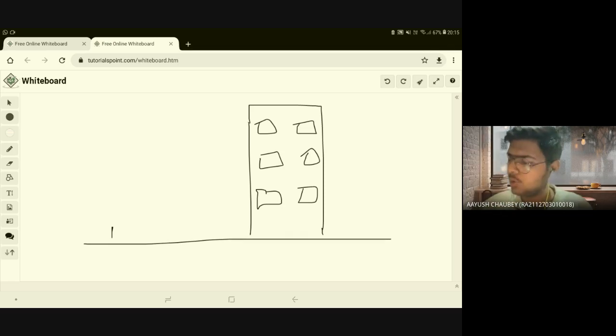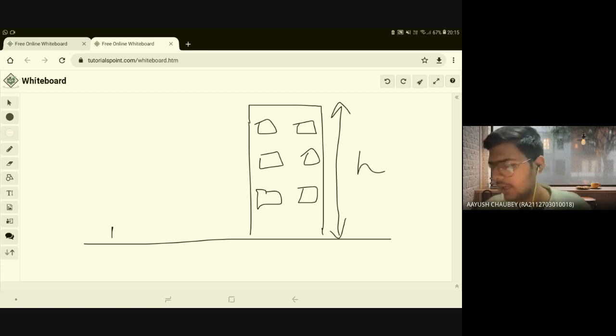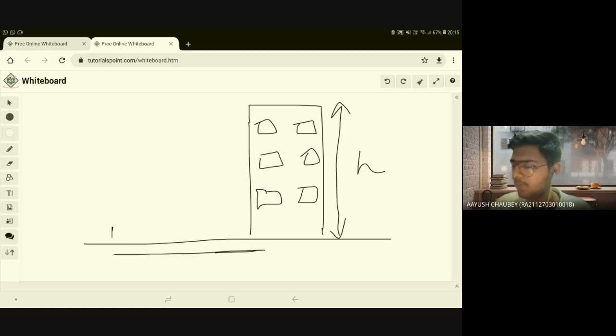So to know the height of the building, you can use trigonometry, as you can calculate how far away you are from the building, which you can take as the distance from the building.